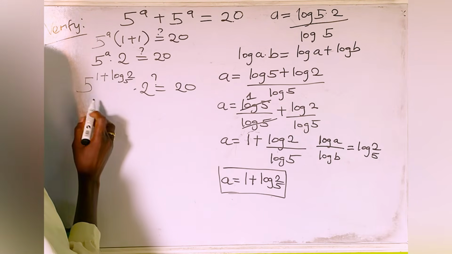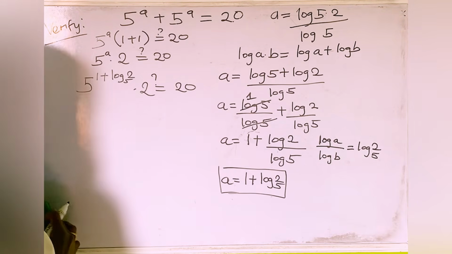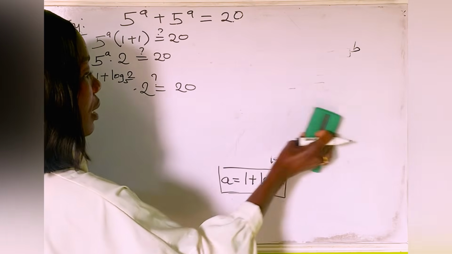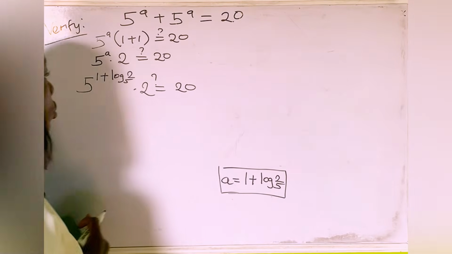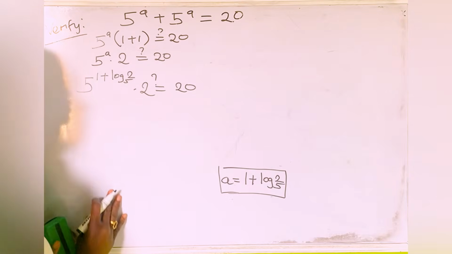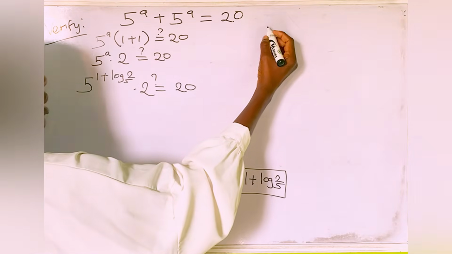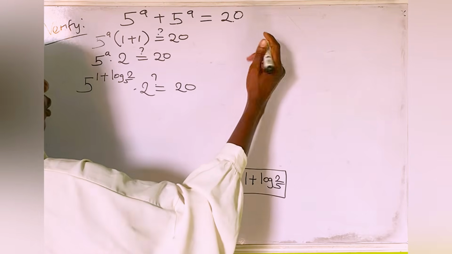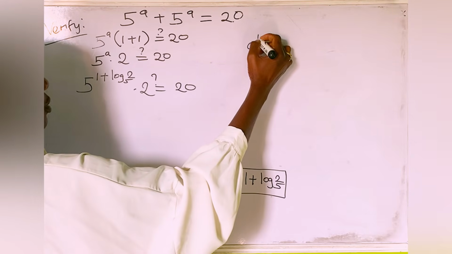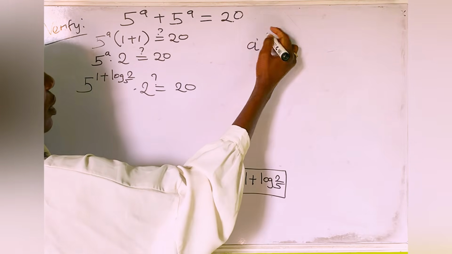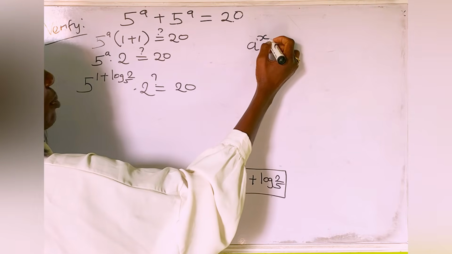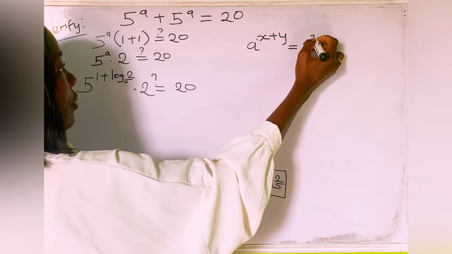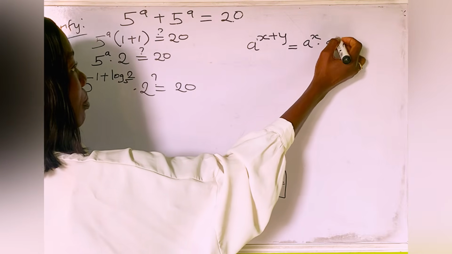All right. Now here, let's apply another rule. We are dealing with logarithm, which means there are lots of rules, and we'll keep on applying the rules to derive our answer. When we have a to the power of x plus y, it simply means a to the power of x multiplied by a to the power of y.